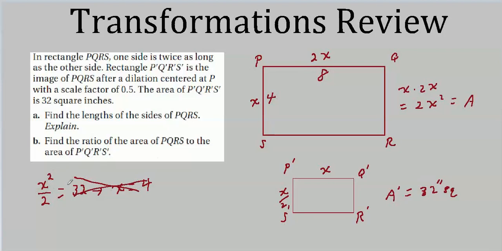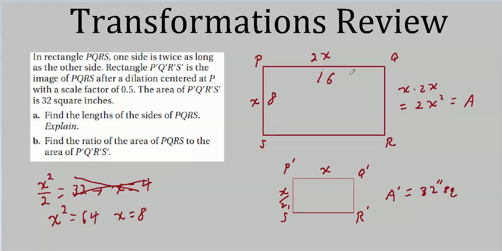I need to multiply each side by 2 and get that x squared equals 64. And that leads to x equals 8. So this side here is actually 8. So if we actually work out the equation correctly, we get 8 by 16.